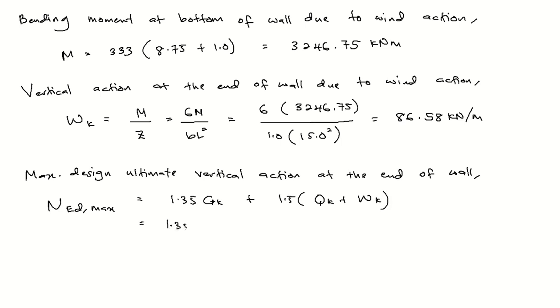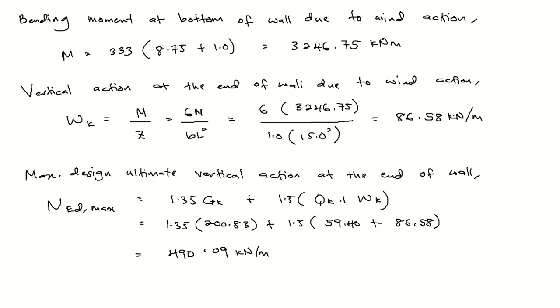So 1.35 GK is 200.83 plus 1.5 QK is 59.4 plus WK 86.58. Okay, and you will end up with 490.09 kilonewton per meter.